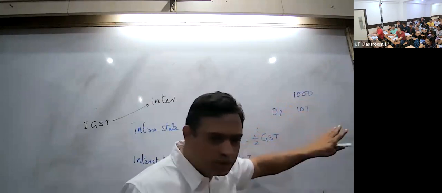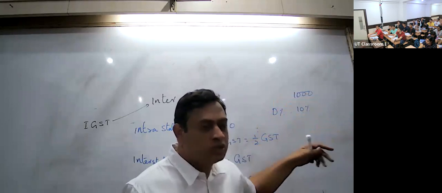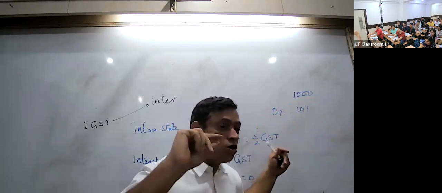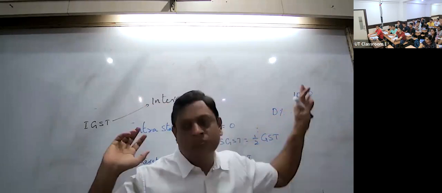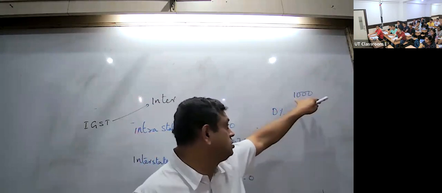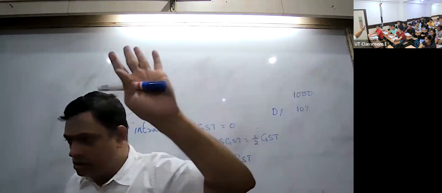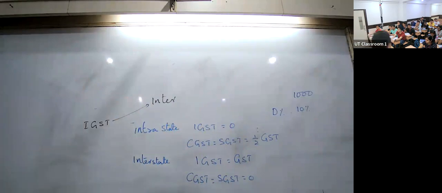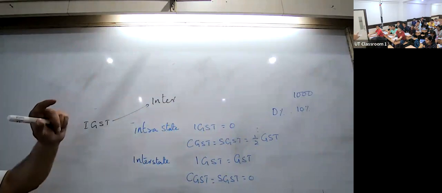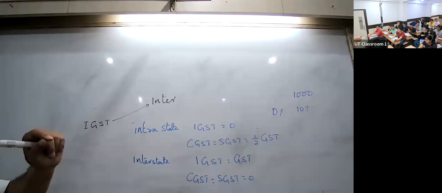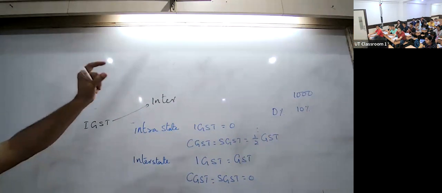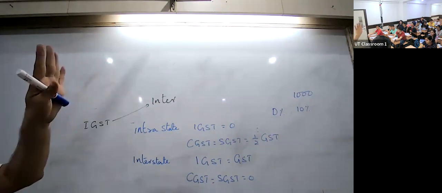If the discount is 20%, the discounted price is 80% of the price. Now, if there is no discount, then the selling price is the same as the MRP or printed price. Understood or not?